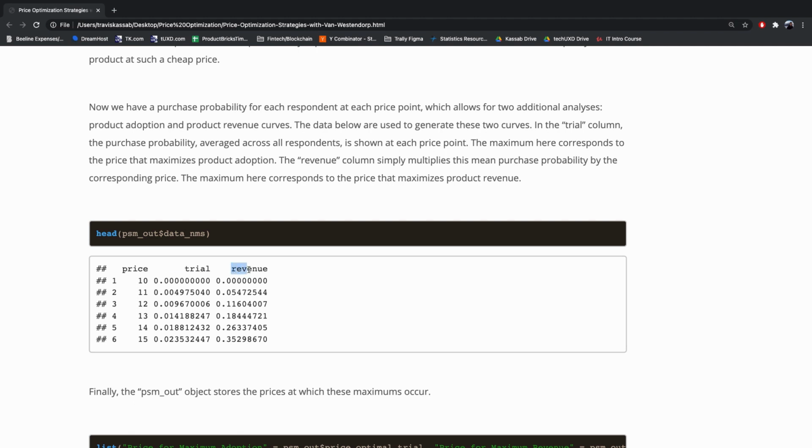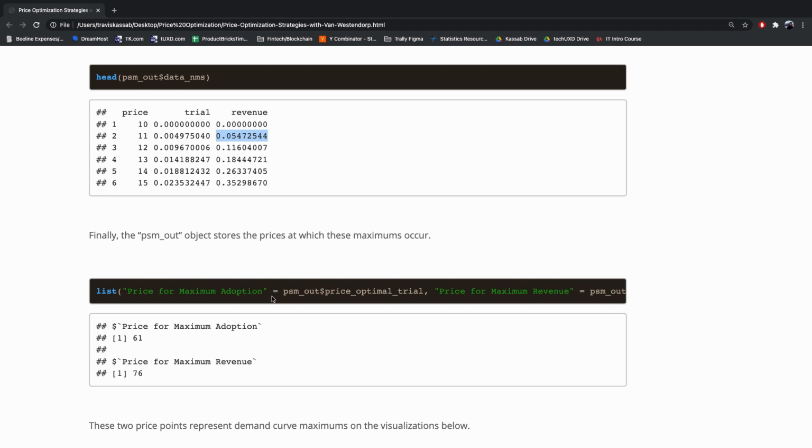And what revenue does is it multiplies this average probability in this trial column by the price. And this is a proxy for how much revenue we would expect this product to generate. So with this data, we can now generate the demand curves. One to maximize user adoption, and we'll use the trial column for that, and another demand curve to maximize revenue.